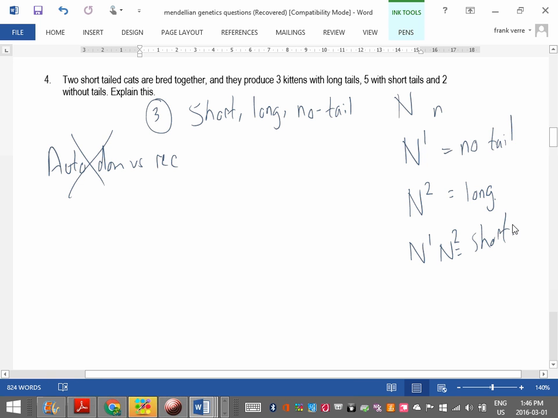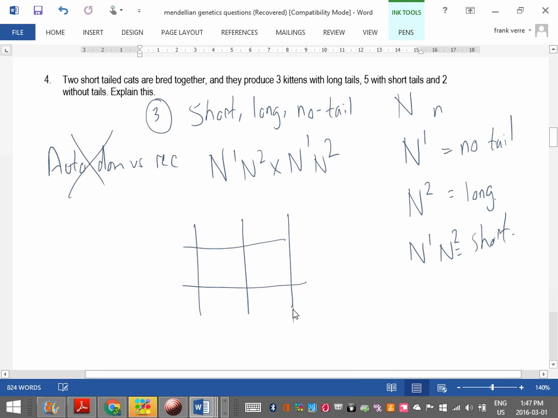Now, if we do this, we have two short-tailed cats. So that would be N1 N2 cross N1 N2. Okay? And let's see if that makes sense. Can we get all three possibilities? Well, here's one cat, here is the other cat.